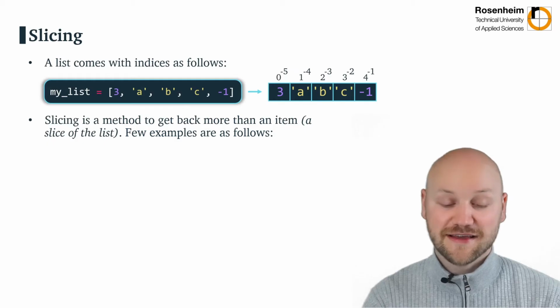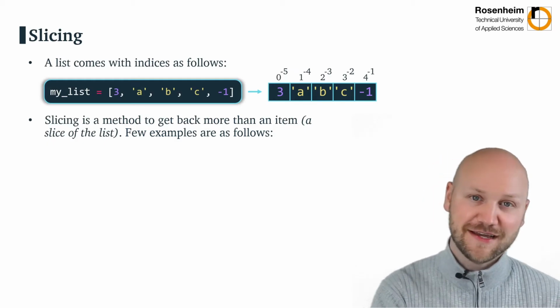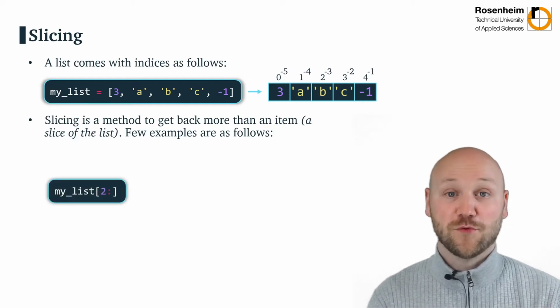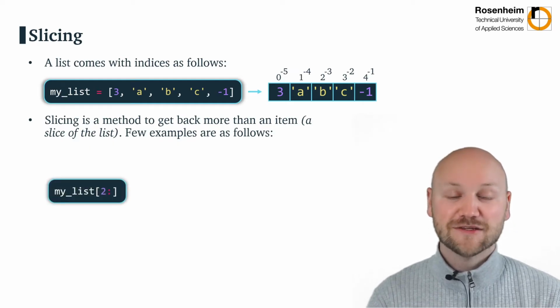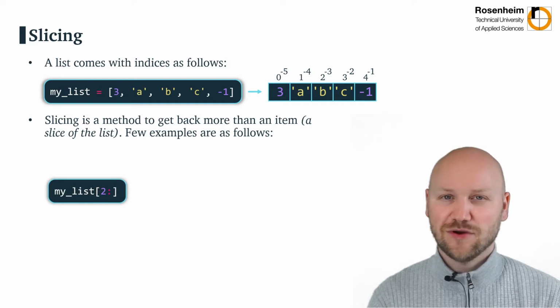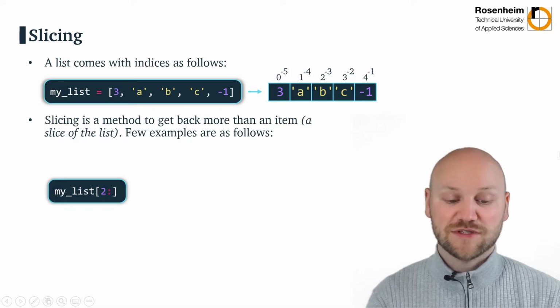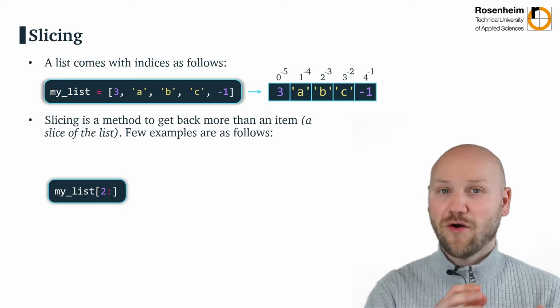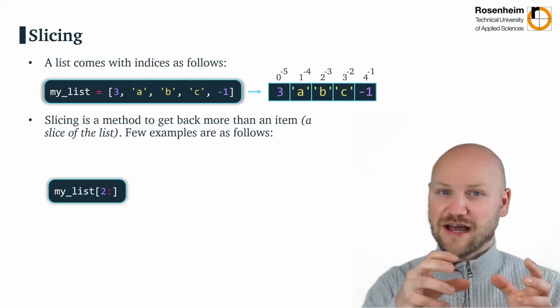So slicing is a method to get back more than one item. We just saw indexing, where we got one item, but now have a look at getting more than one item. If you're writing 2 colon, the colon is new to you. You just know, okay, 2, we are looking at the field B now, but the colon can be interpreted as all elements afterwards.